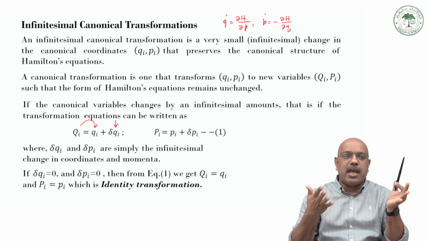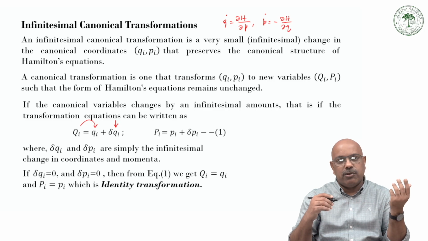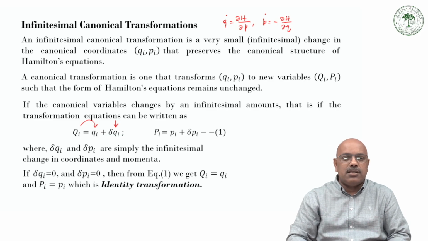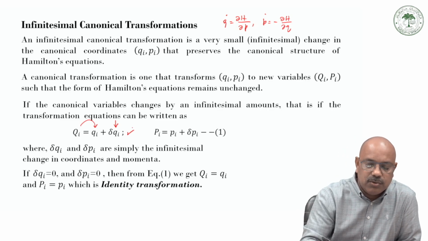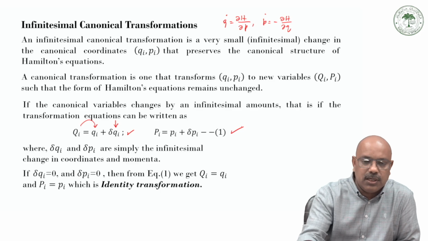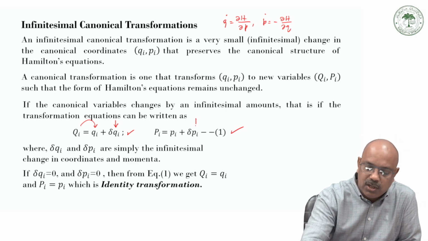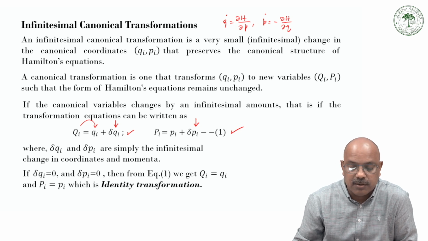In this canonical transformation, when you transform your small q, small p to the new variables capital Q and capital P, the Hamilton equation remains unchanged, and the transformation is represented as given in equation 1, with an infinitesimal small change in q and an infinitesimal small change in the p variable.